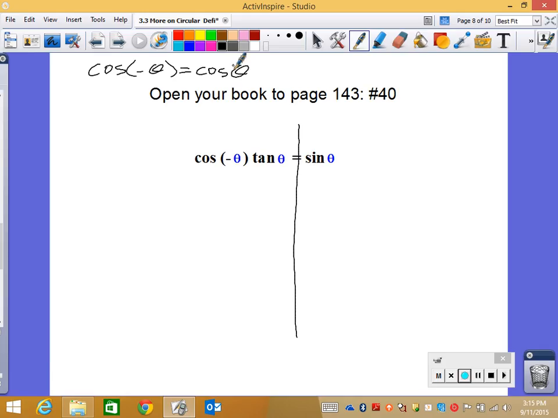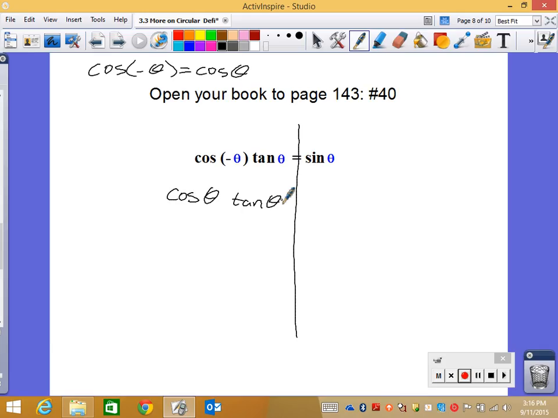So if we use that identity now in trying to prove this identity here, cosine negative theta times tangent theta equals sine theta, I'm going to use this even function relationship, which tells me then that the cosine of positive theta times the tangent of theta, we'd want to show that is equal to sine theta now.